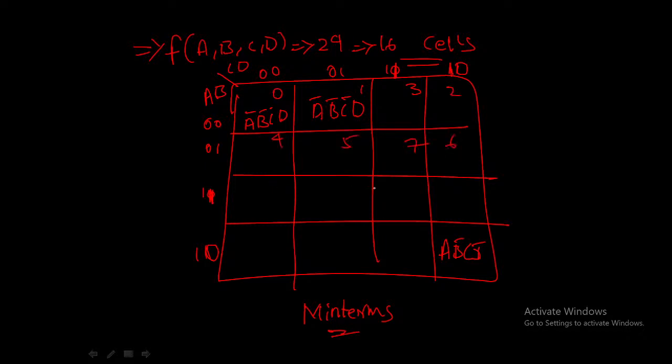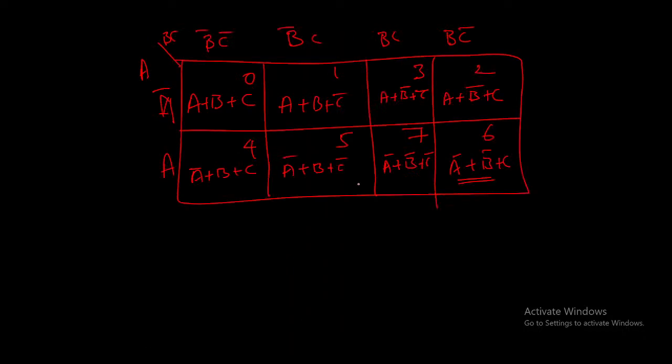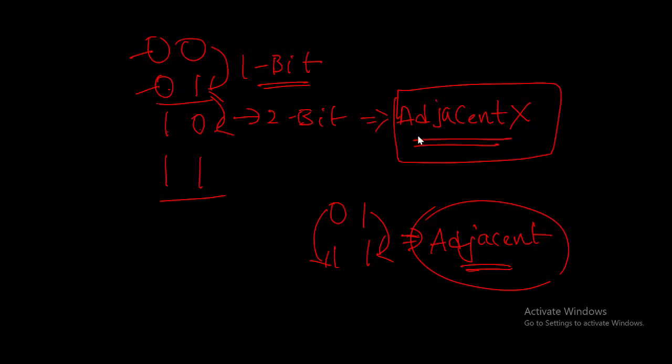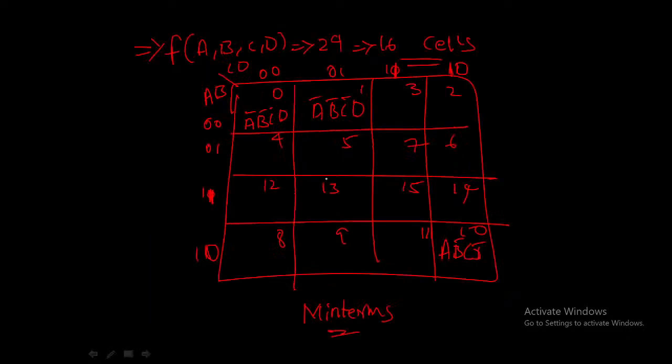And here 8, 9 will not happen because this will not be adjacent to this 4, 5, 6, 7. Here 8, 9, 11, 10 and 12, 13, 15, 14. You can apply the same explanation which we discussed in our previous slide, for why we are writing 8, 9, 11, 10 here and 12, 13, 15, 14 here.